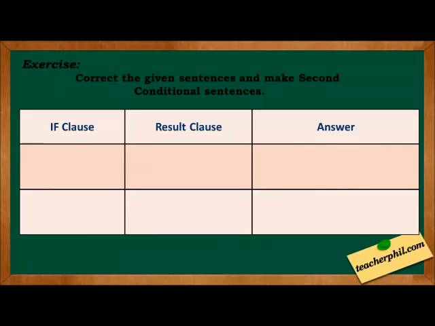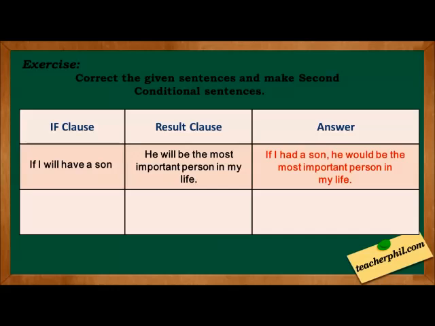For our exercise, correct the given sentences and make second conditional sentences. The first one: if I will have a son, he will be the most important person in my life. The answer is, if I had a son, he would be the most important person in my life.